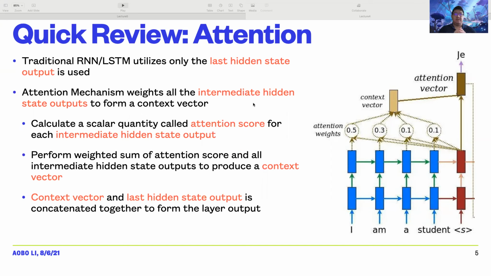The method for doing this is to calculate a scalar quantity called the attention score for each intermediate hidden state output, and then it performs a weighted sum over all the intermediate hidden state outputs using the attention scores to produce a context vector. And then the context vector and the last hidden state output are concatenated together to form what we call the layer output to the next part of the neural network.